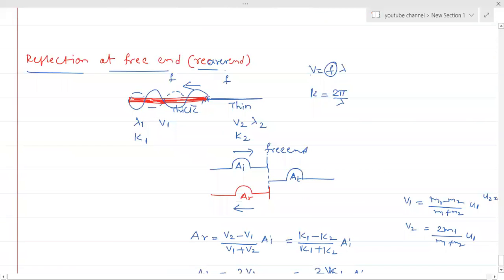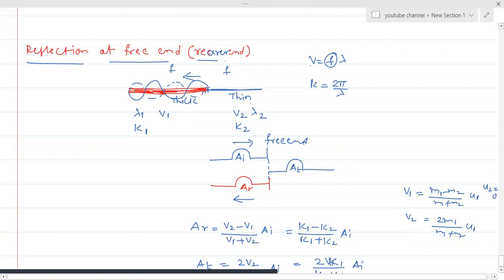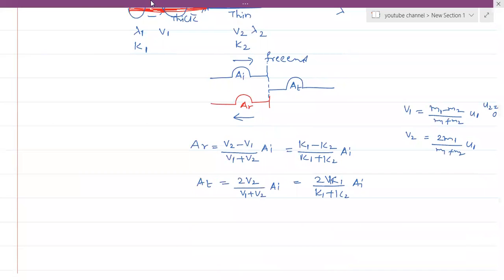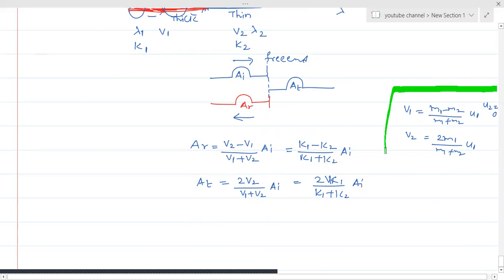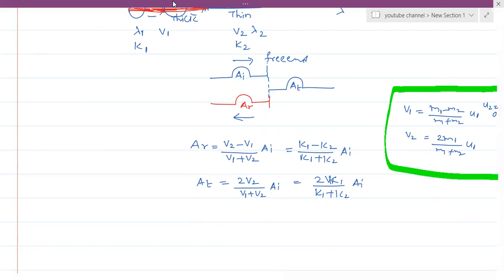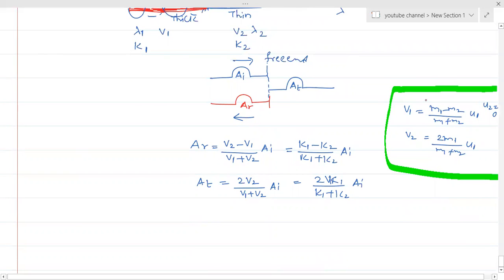From there we can easily correlate and compare. This is very, very important logic. So you can see here, instead of mass, I'm writing k. Instead of 2m1, I'm writing 2k1. Instead of m, we are taking k. And AR means this will be the V1, and AT means this will be V2.